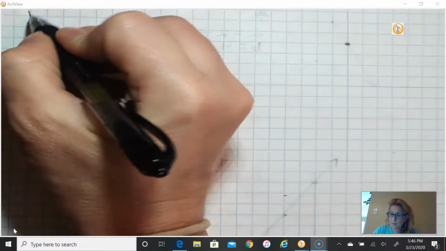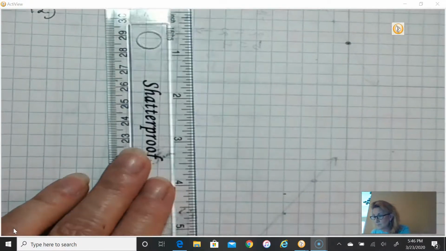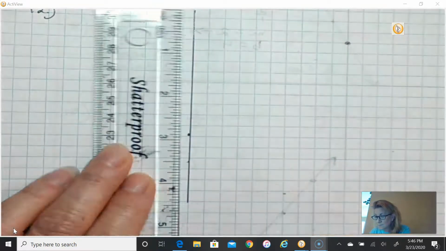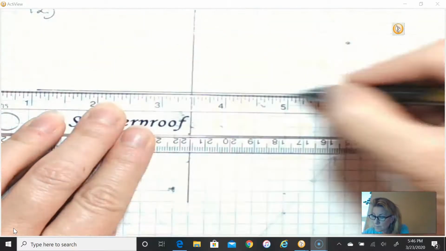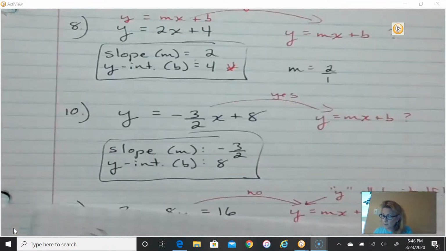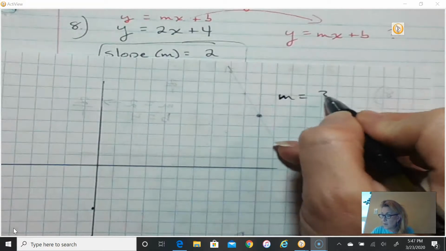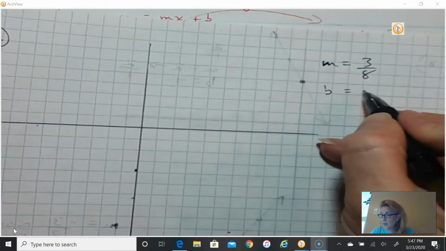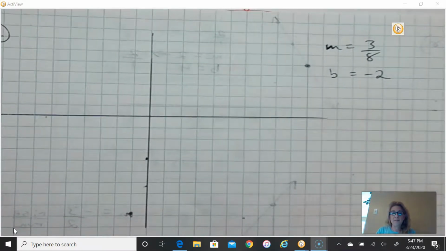All right, 12. Okay, for 12, my slope was 3 over 8, and my b was -2. That's all I need to know.